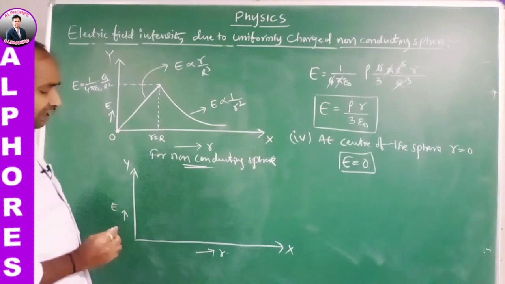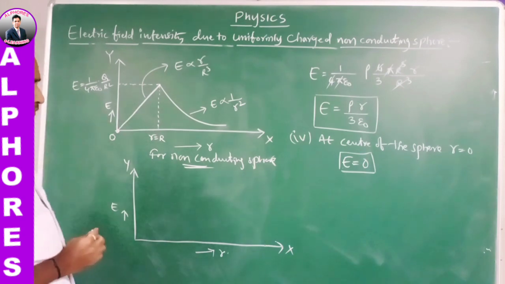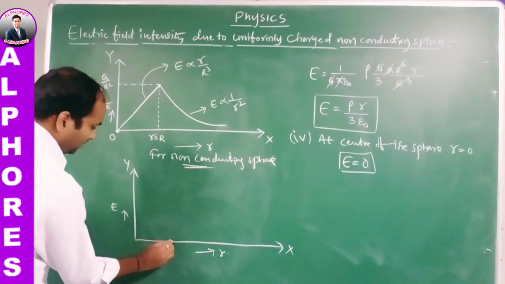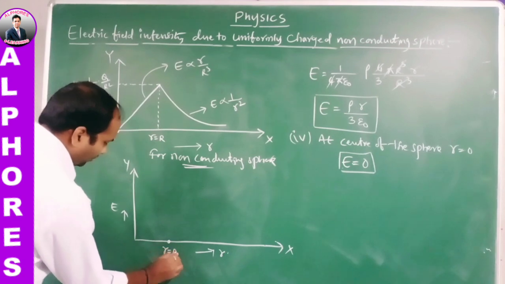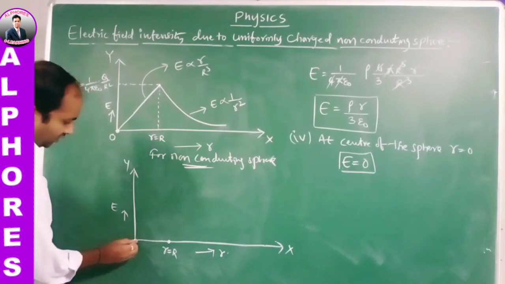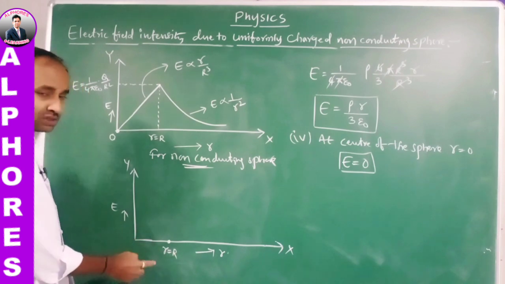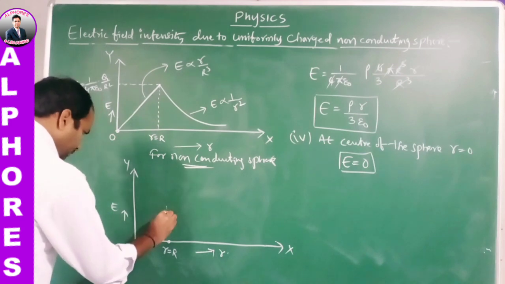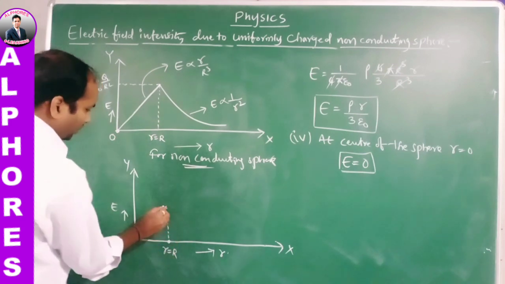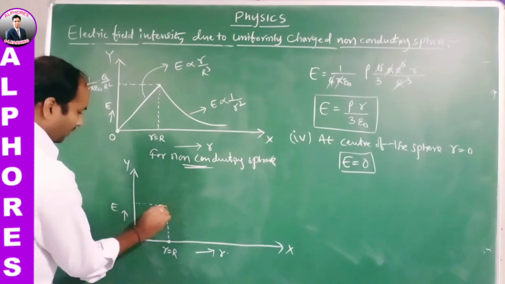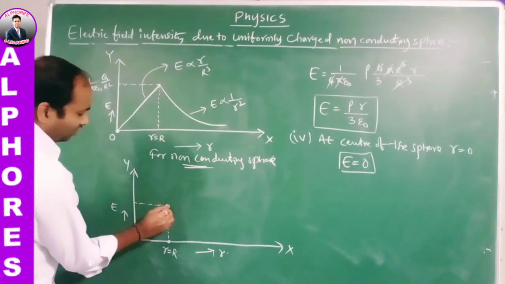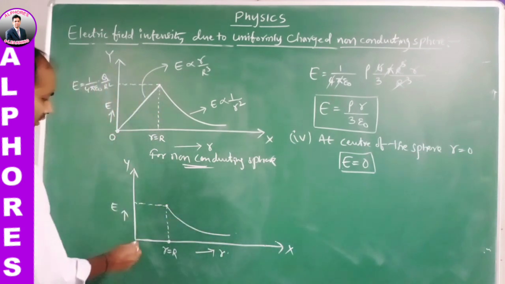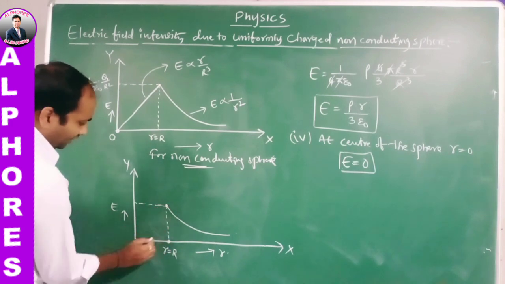Here the E value will be 0 at any point up to small r equal to capital R. When small r is less than R, E is 0, and at small r equal to capital R, this is E. Beyond that, the value decreases like this. So this is the graph here.